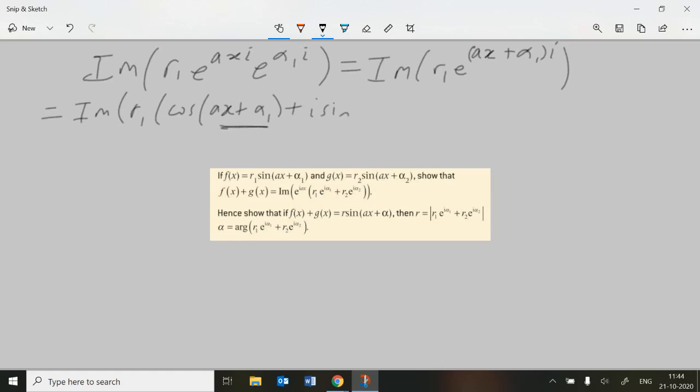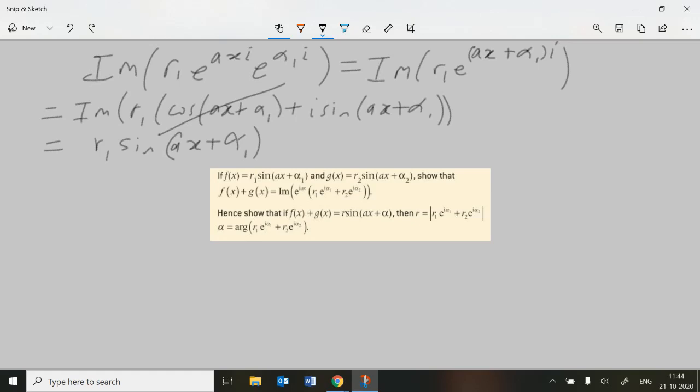That's like your theta, if you like. This is ax plus alpha 1 there as well. Now, if we take the imaginary part of this, that isn't this part, it's just this part here. Now you can see that the imaginary part is just this part without the i. So you're saying that's R1, it's still being multiplied by R1. And then we've got sine of (ax plus alpha 1) there. Okay, so we've now shown that this is the same as this thing here.